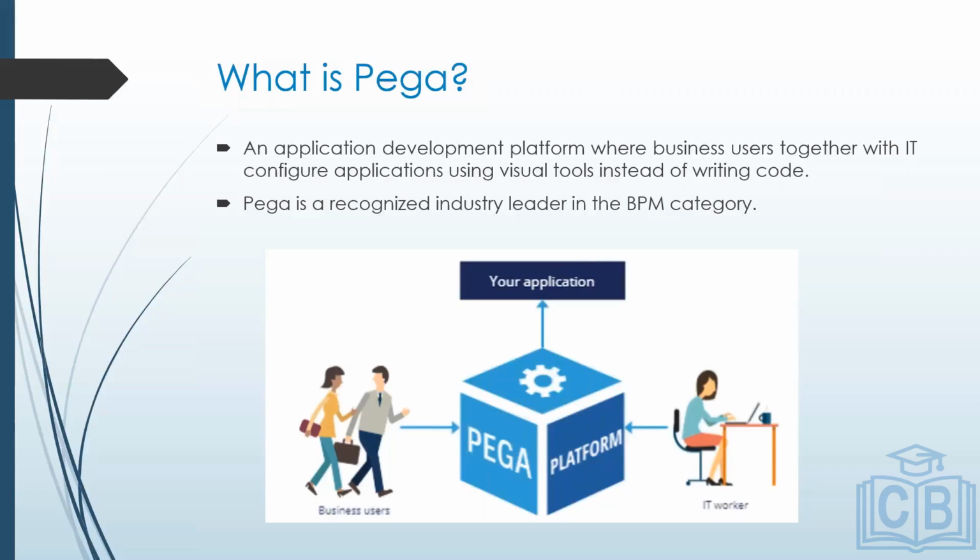But when I say visual tools, it doesn't mean just simple drag and drop. No, there's a lot more beyond that. We'll be looking into it. And PEGA is also considered one of the pioneers in the BPM category because of the ease of use and the accelerated application development.